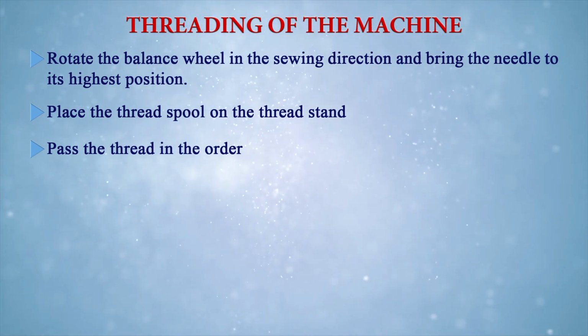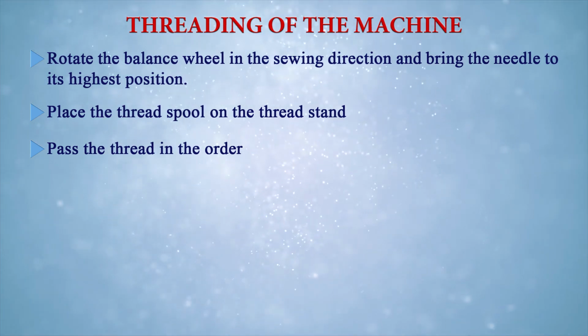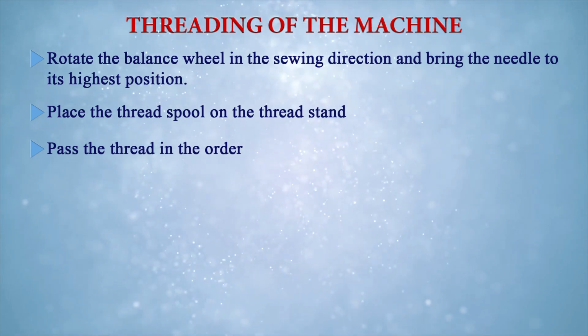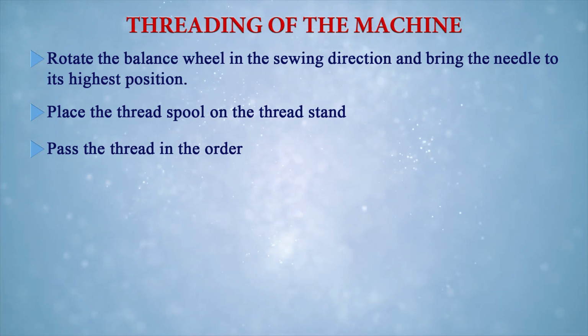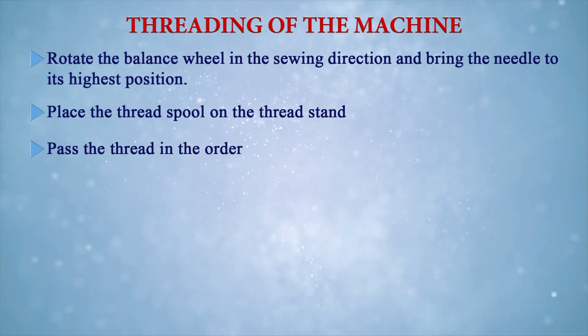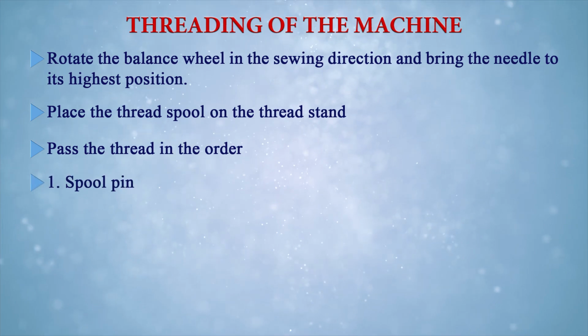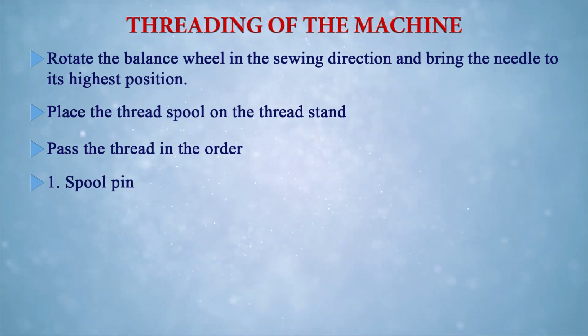We have some particular order points on the sewing machine through which we pass the thread to go into the needle. So first we put the thread spool on the spool pin or the thread stand.